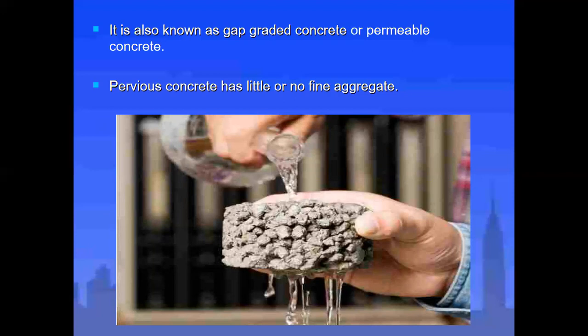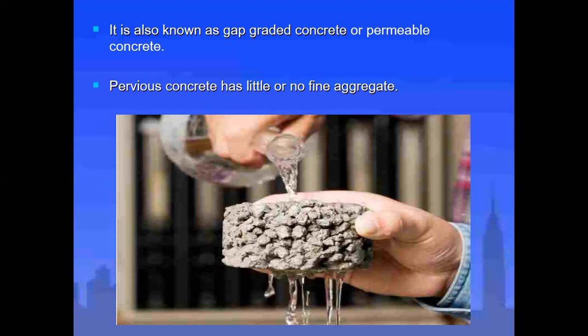Fine aggregates would cover all of the voids in the concrete, but we do not use fine aggregate because we require voids in this concrete. If the voids are present, then we can pass the water through the concrete. This is the main concept behind this type of concrete.